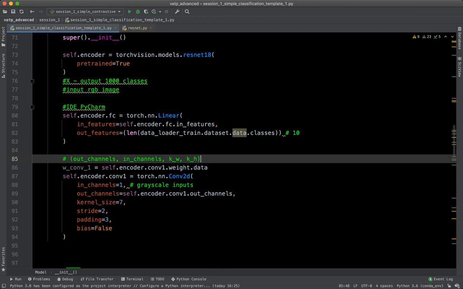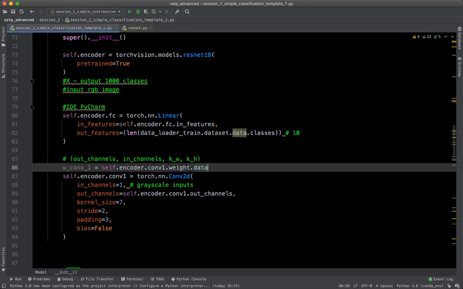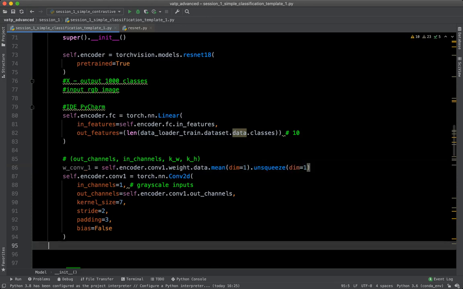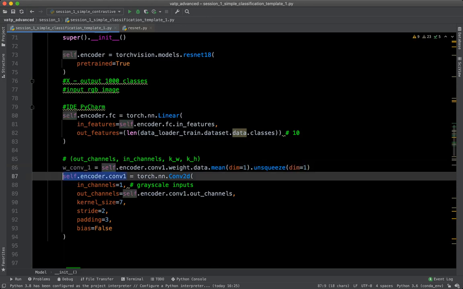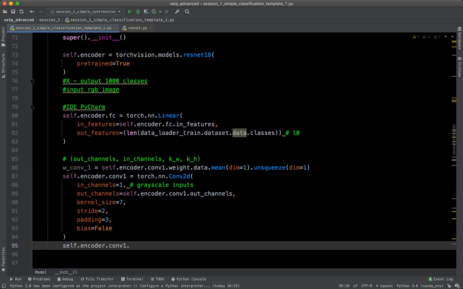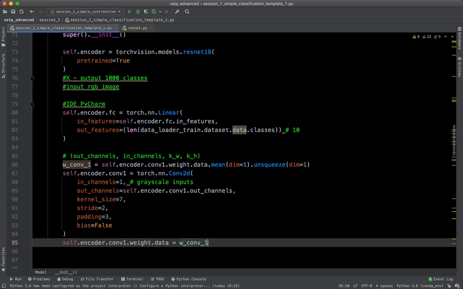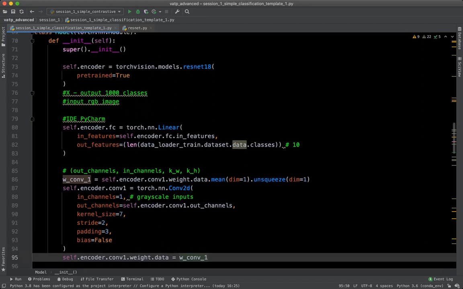And if I want to reduce the in channels from 3 to 1, then I use the mean of dimension 1, and then I need to unsqueeze so that I would match it to the same dimension later. And now, if I want to load those pre-trained weights, I would just do it in this way. So weight, data, and this weight convolution, right? Like that. So the initialization part, I think, is done.